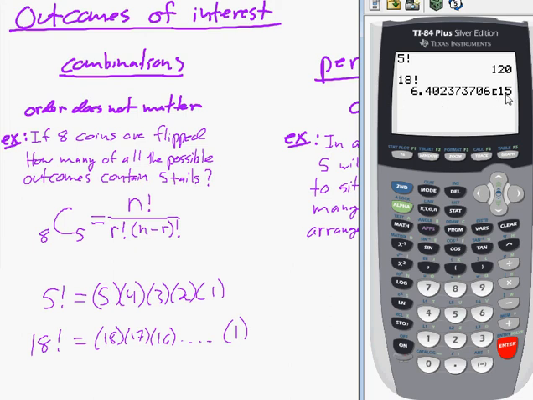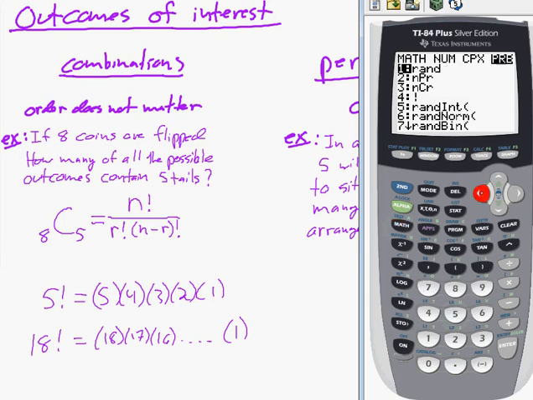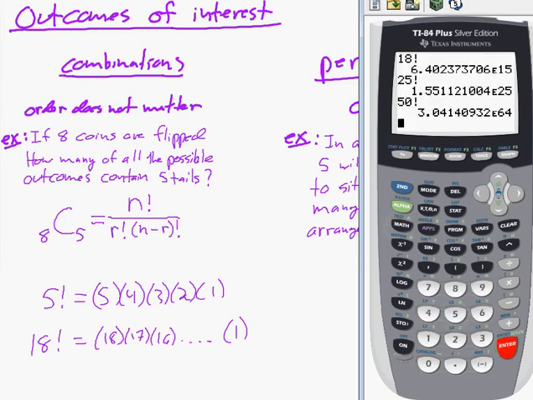This E15, that's 6.40 times 10 raised to the 15th. If we do 25 factorial, we're getting up there. I can't remember. We get to the limit of the calculator fairly low.